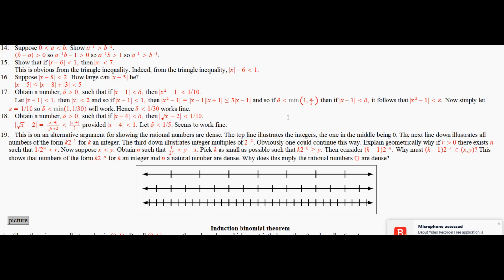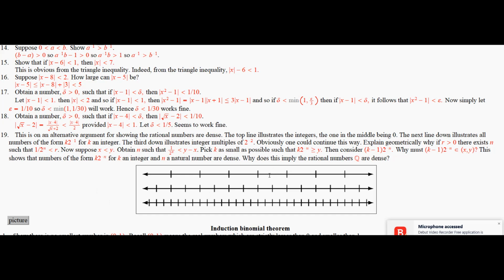Now, one of the things you can notice is that if you have any positive number r, eventually 1 over 2 to the n is less than r for all n large enough. Now, how can I see that? Well, if this is 0 and this is 1, where's a half? It's right there. And where's 1 over 2 squared?